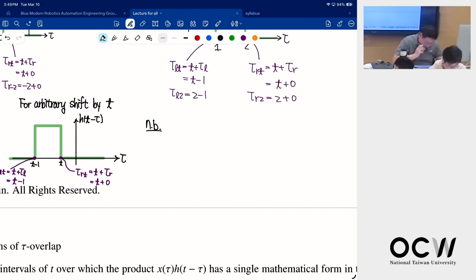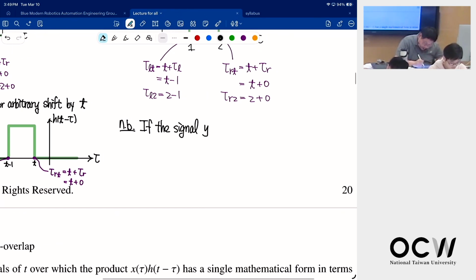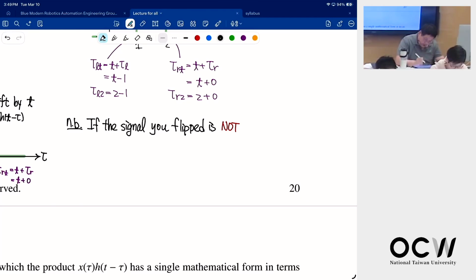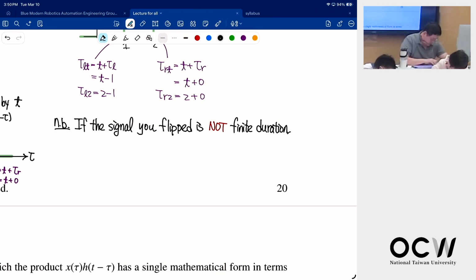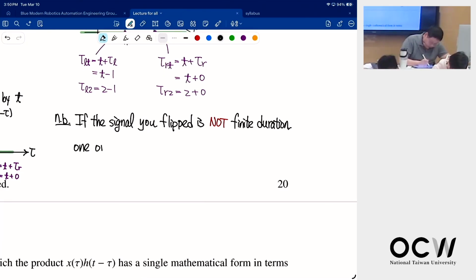So if the signal you flip is not finite duration, then one or both of the tau left t and tau right t will be infinite.